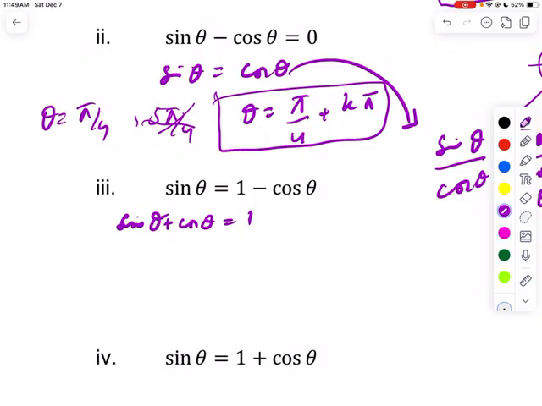One way again is just to think that we want the values such for sine theta and cosine theta that when we add them we get 1. Now the only time 1/2 plus 1/2 is 1, right? But can sine theta be half and cosine theta be half at the same time?